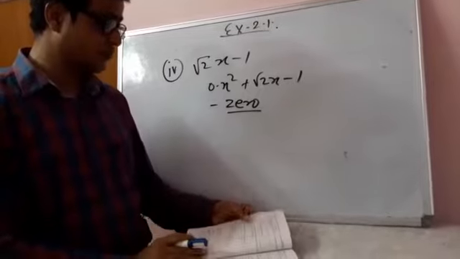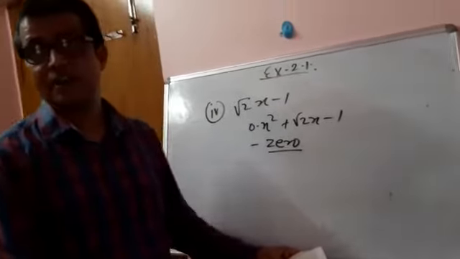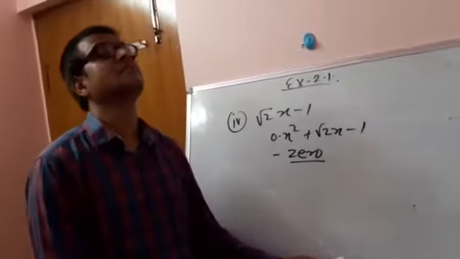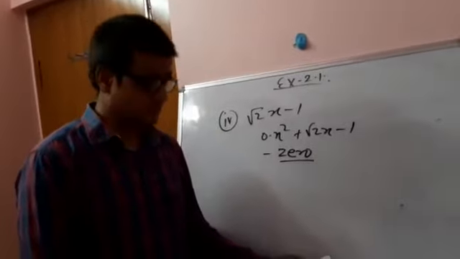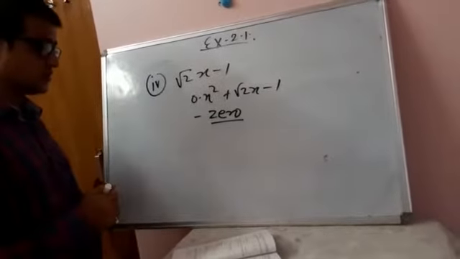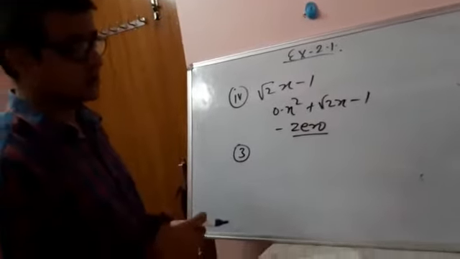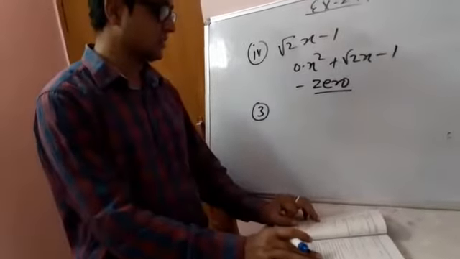Question number 3: give one example each of a binomial of degree 35. Binomial means the polynomial has two terms, and the degree should be 35. For this question there is no specific answer. Your answer need not match what is given at the end.